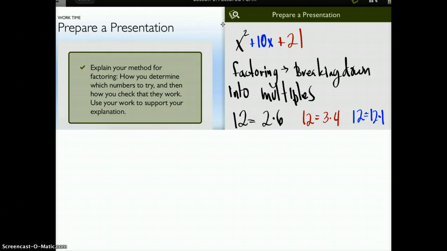Okay? So when we break down this Xbox method, and we have our A times C up here, our A times C and our B term, we're actually kind of jumping more towards the middle and to the end than it being the first step. Just because we place these here, these allow us to test our solutions.